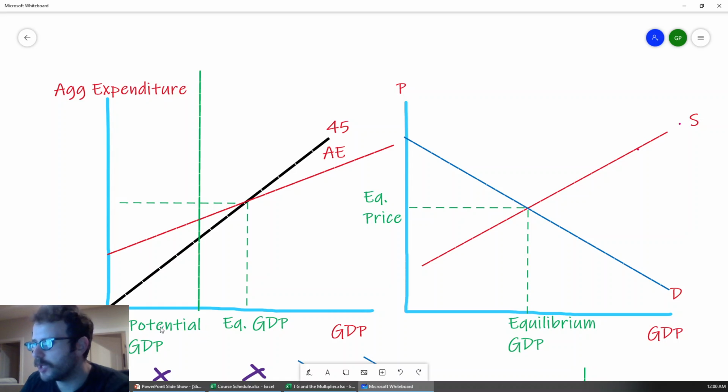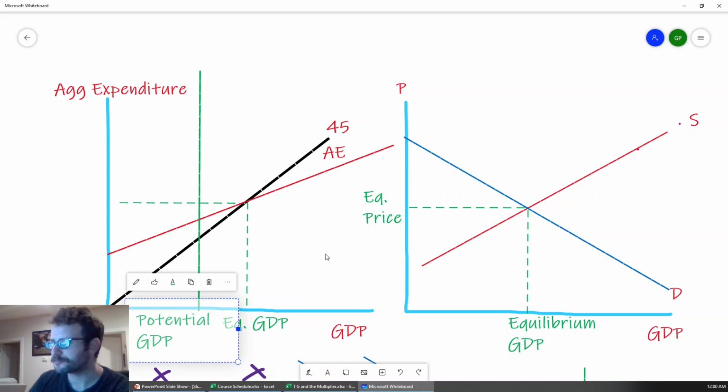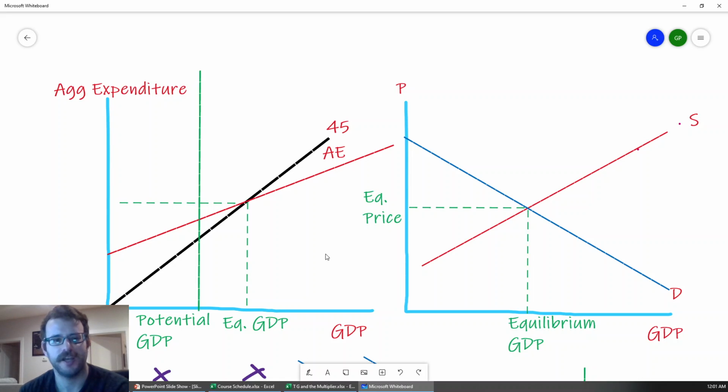My potential GDP is this green line. The first thing you're going to ask is, why is potential GDP a straight line? Potential GDP is one number for a particular time period. It is your full employment GDP. If you take away the cyclical elements of the economy, recession and inflation, it's your GDP when everything is being fully employed.